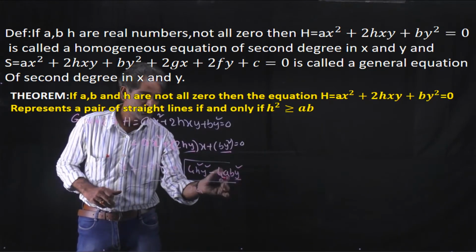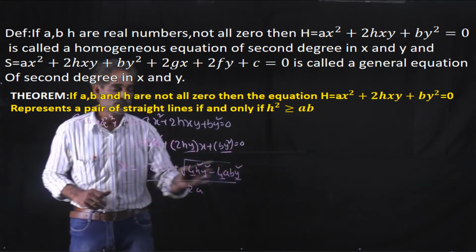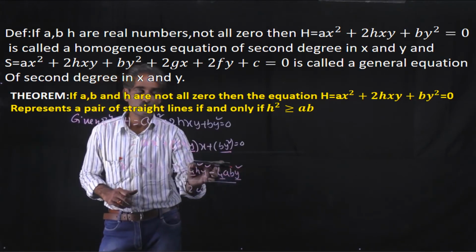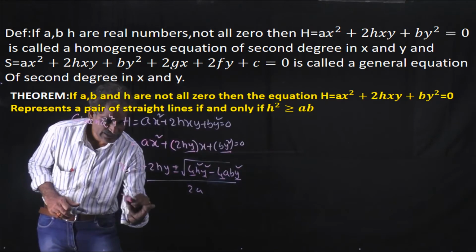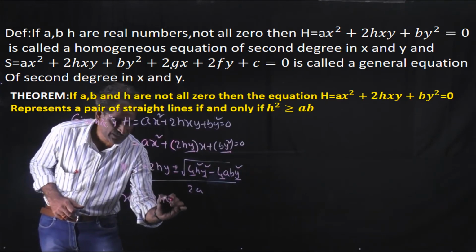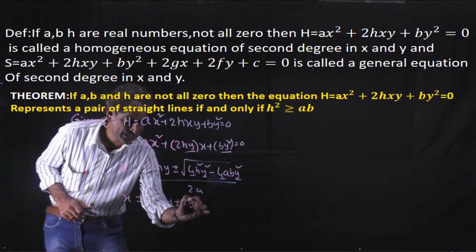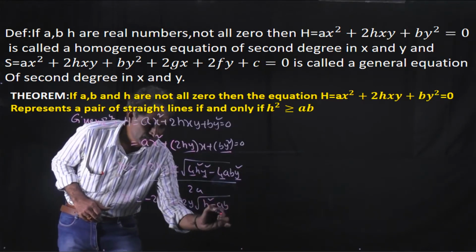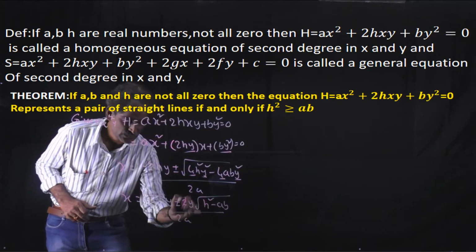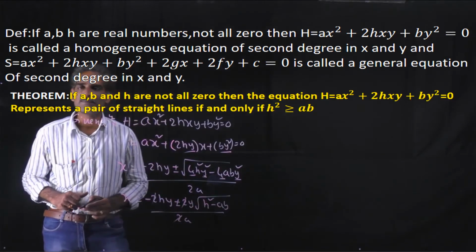Just observe that 4y square is common. If you take it outside the root, you will get 2y. So here x is equal to minus 2hy plus or minus 2y into root of h square minus ab, by 2a. So here observe that the 2 gets cancelled.